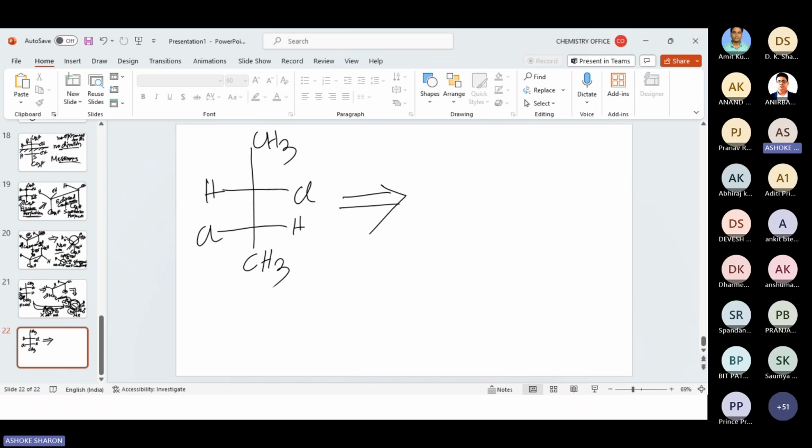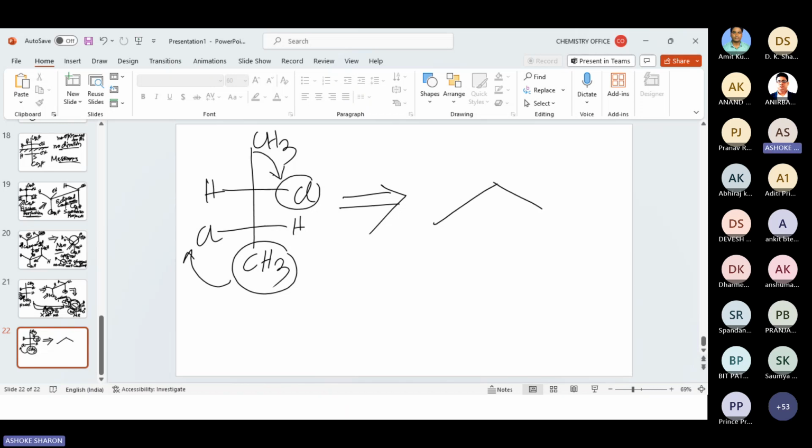How can I draw this? When I move this methyl group in that particular direction, whatever group is there will be shifted up.